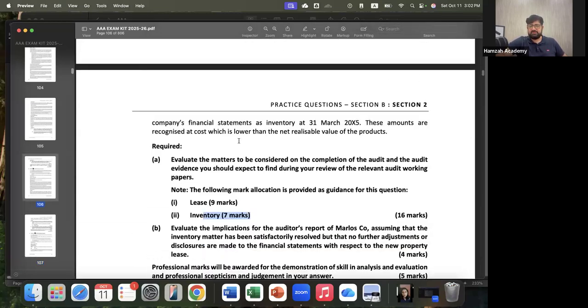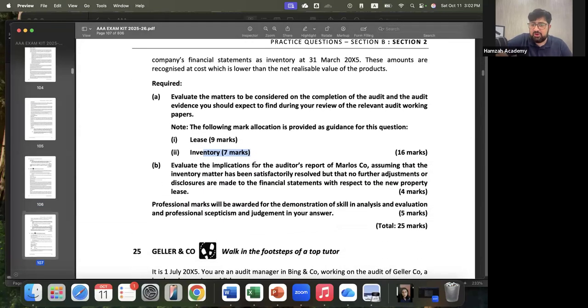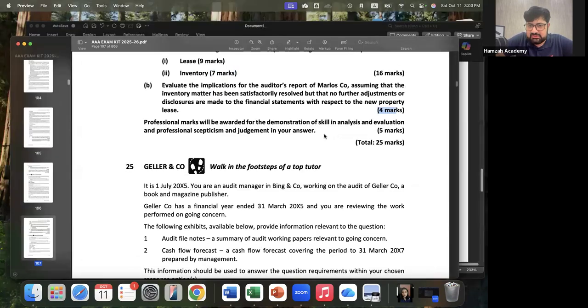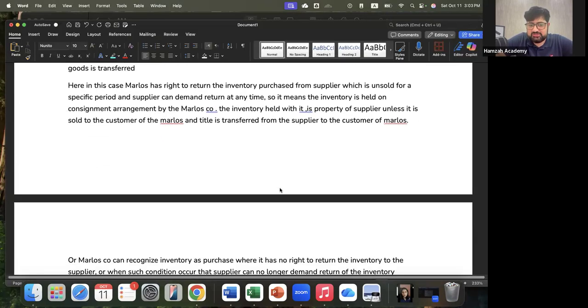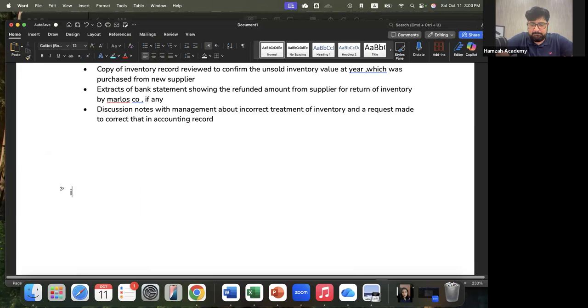But the next part is to evaluate the impact on the audit report, assuming that inventory has been solved, but no further adjustment has been made regarding the new property. First of all, how to solve such 4 marks question? What are the ingredients?